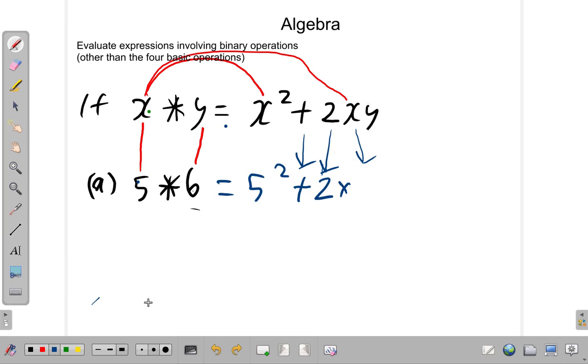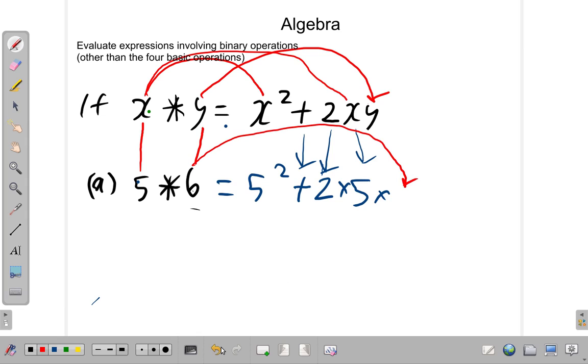So what you have is 5 times what? You have the y over here coming at the end of this part of the expression. So that same thing will happen to the 6. The 6 will come over here at the end. Alright? So what you're going to have is 6.